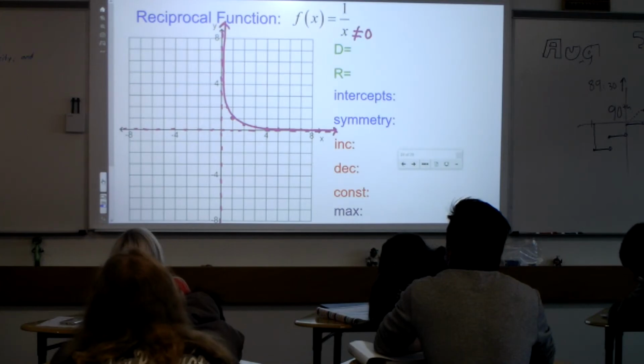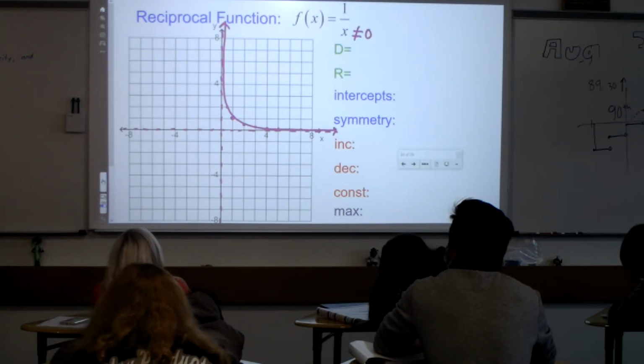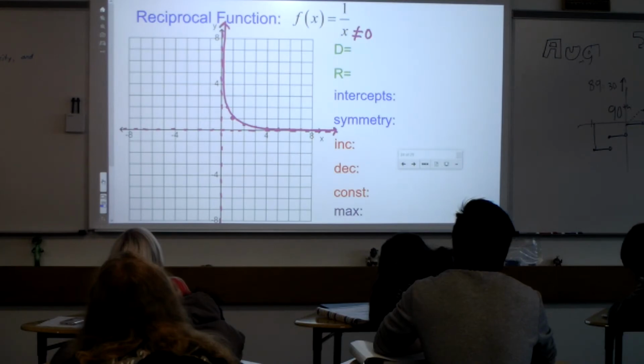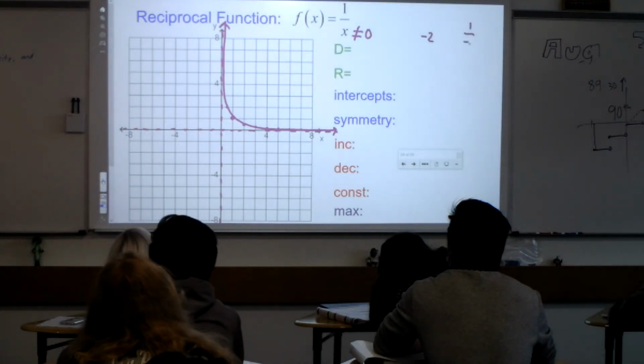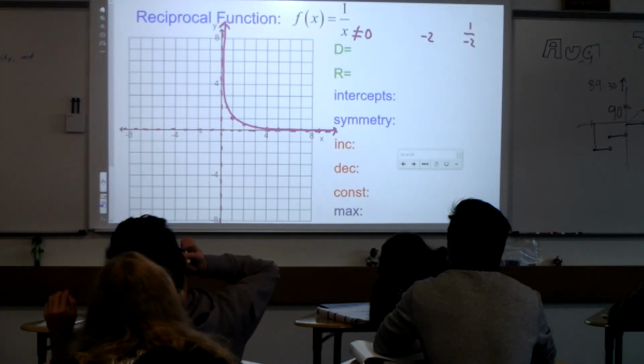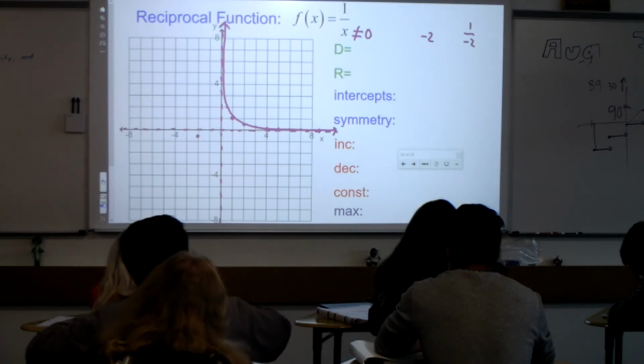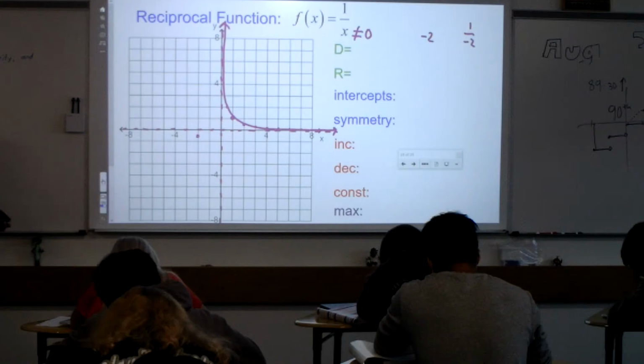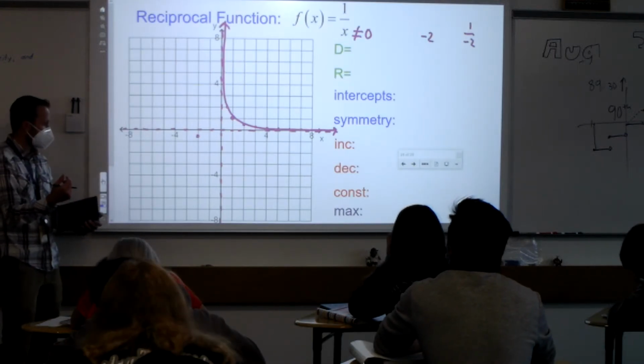When I take the reciprocal of a negative, does it change the sign? No, it'll still be negative. So what's the reciprocal of negative 2? If I take negative 2 and I flip it over, it'll be 1 over negative 2. So that's going to give me this point right there, negative 1/2. Shout out with me, what's the reciprocal of negative 4?